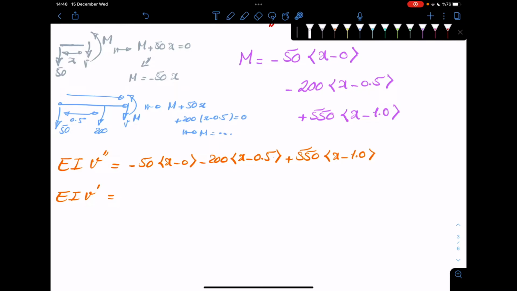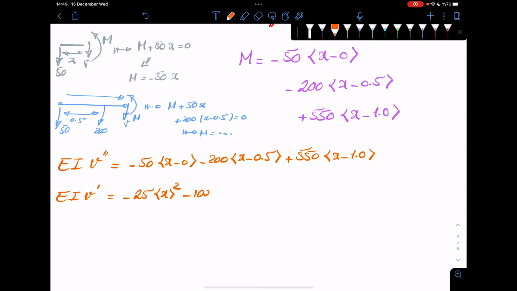EI V double prime is, so these powers are basically ones, right? So when you integrate them, this gives you that power 2 divided by 2. Or let's say the first one is basically minus 50x. That gives you minus 25x squared. Okay, it's x minus 0, so I'm just writing it as x.